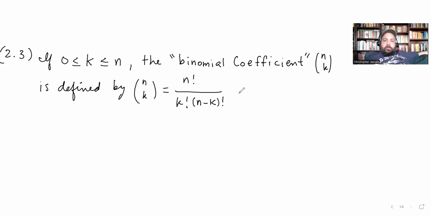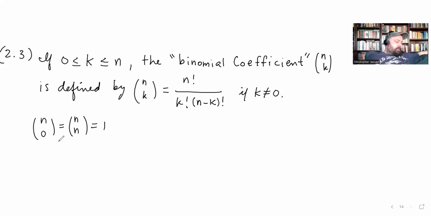If k is not 0, and n choose 0, which is the same thing as n choose n, is defined to be 1.